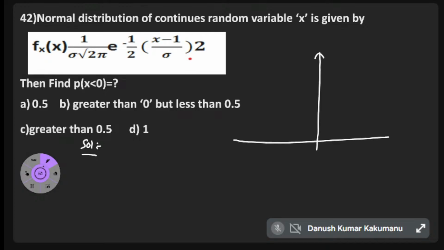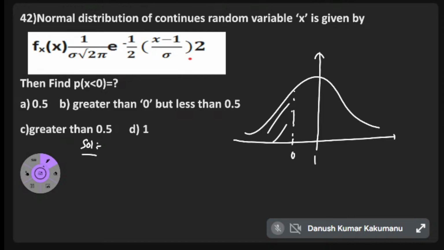Where is the mean located? Mean is how much from the question? Mean is 1. And 0 is available here, 0 is on the left side of the 1.